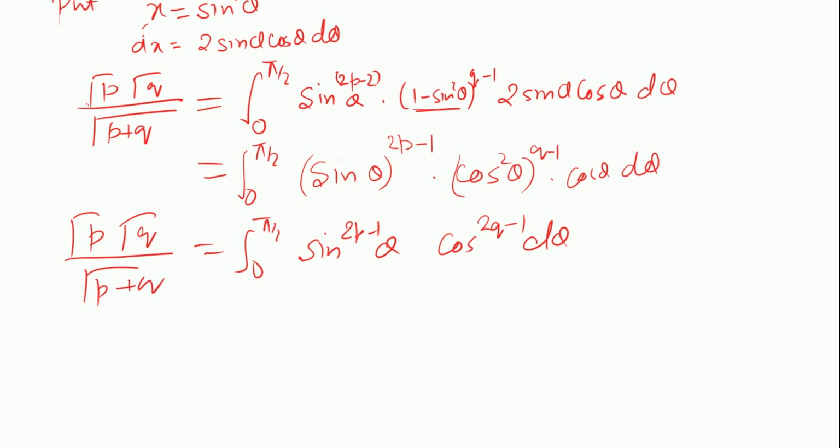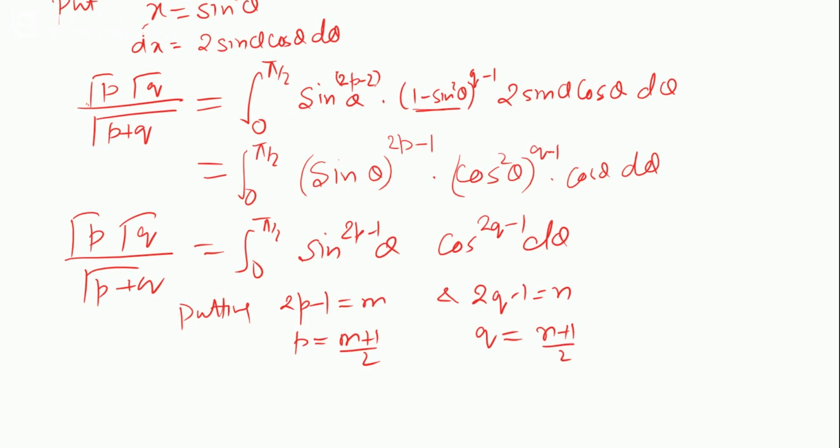Now we just put 2p minus 1 equal to m, and 2q minus 1 equal to n. So p we get m plus 1 by 2, and q we get n plus 1 by 2.